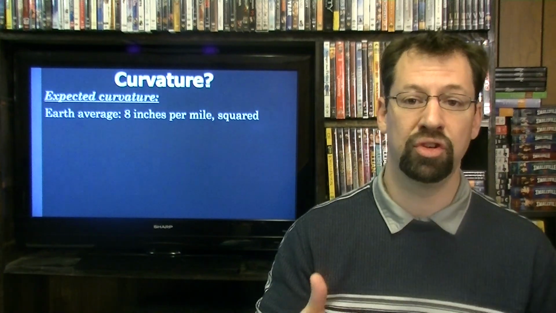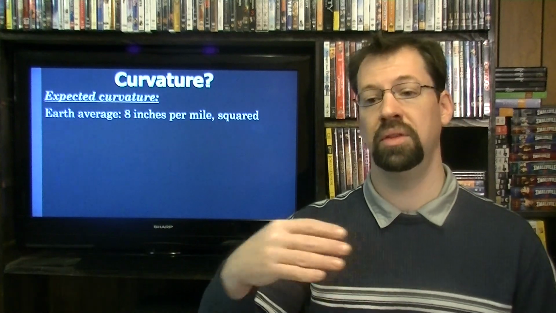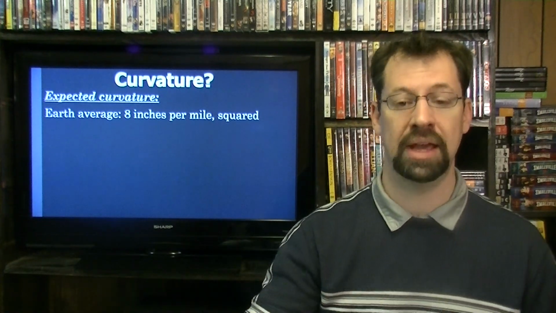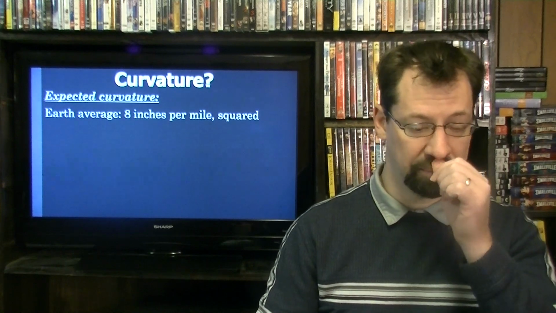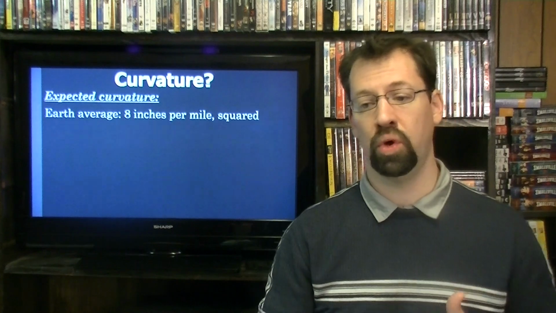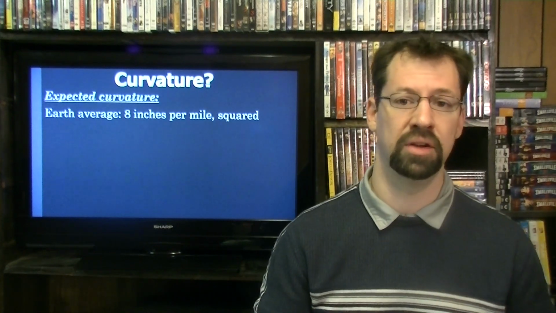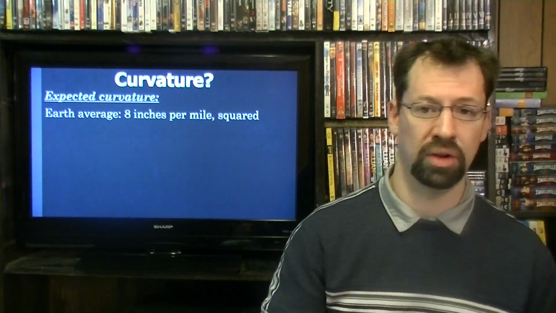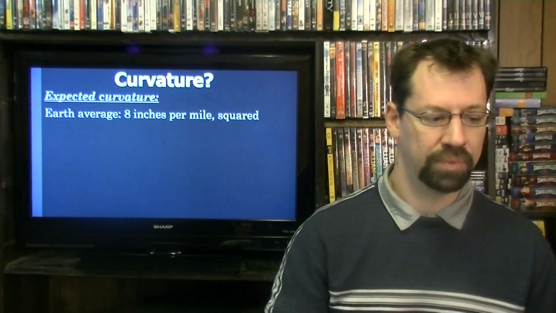The Earth's average curvature is 8 inches per mile squared, meaning the more miles you're looking down, the bigger the curvature you would expect. I say average because they also say the world is a slightly bulging sphere, so at certain places it's more than 8, and some it's a little less. It's about 8 though, so let's just go with that.